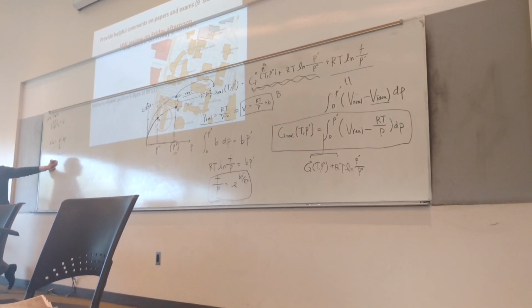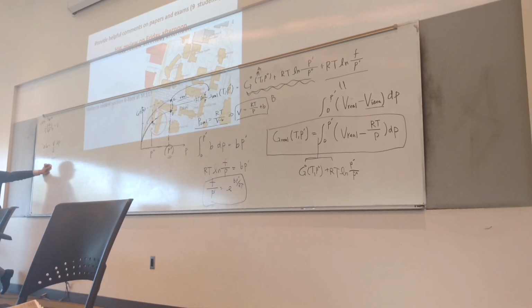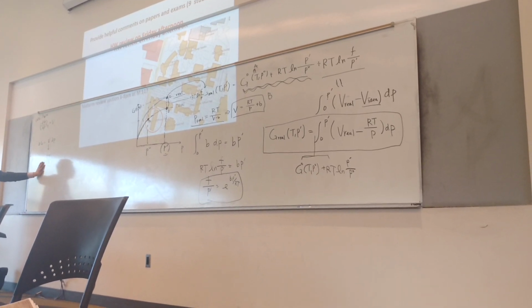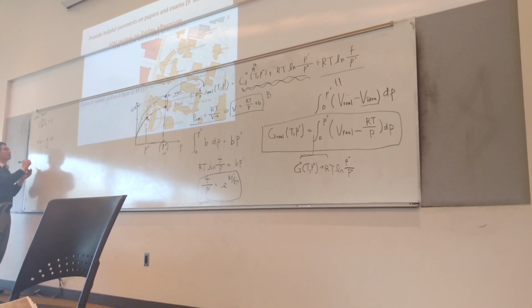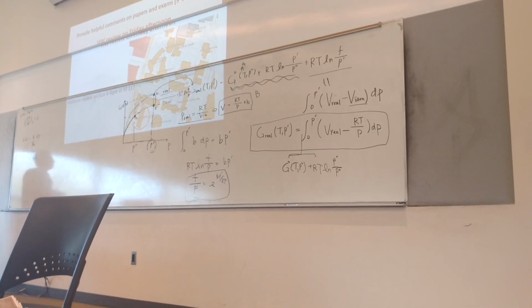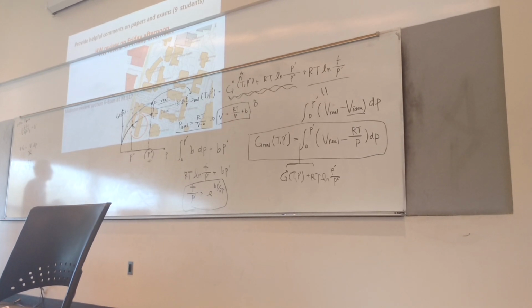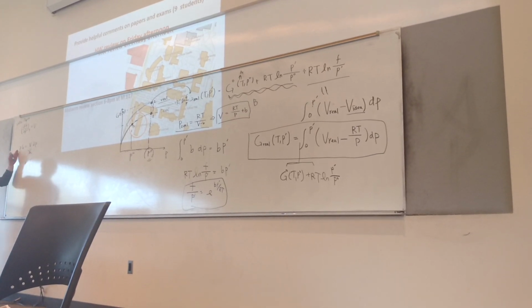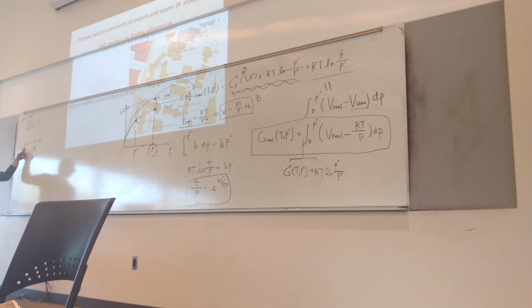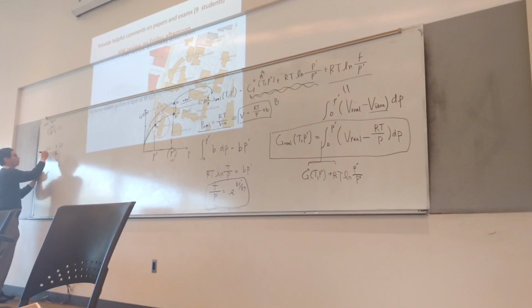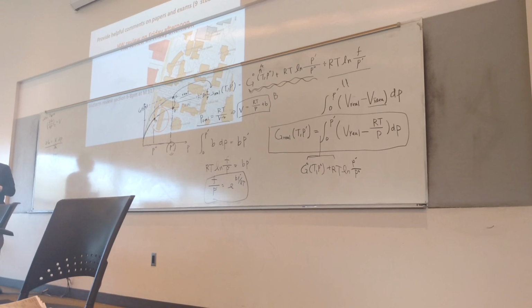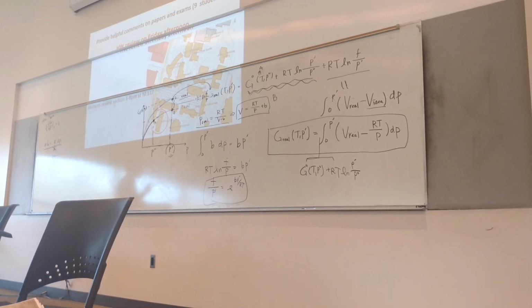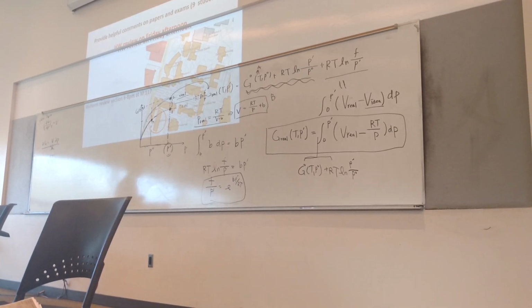So PV equals RT cannot be used anymore. You cannot write this for the liquid and the solid. All you can do at this stage is the integration on both sides, because for liquid and solid, V is not a function of P anymore.